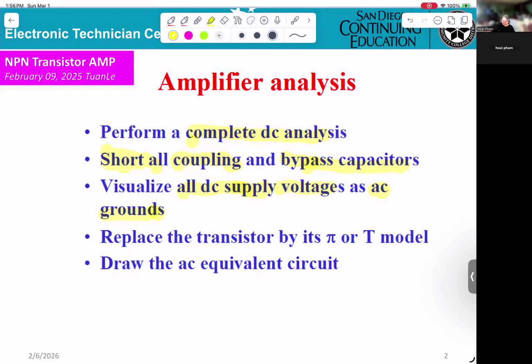Then replace the transistor by the T model, then draw the AC equivalent circuit.